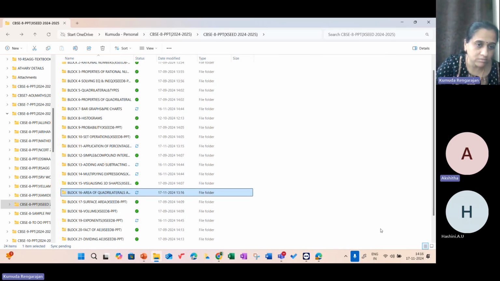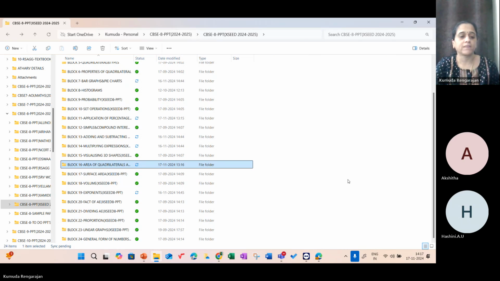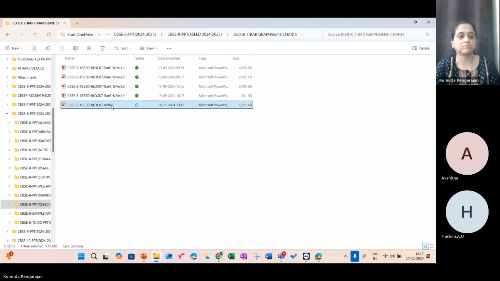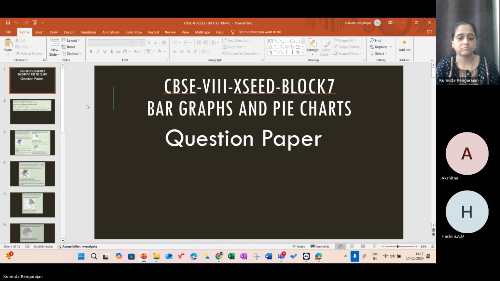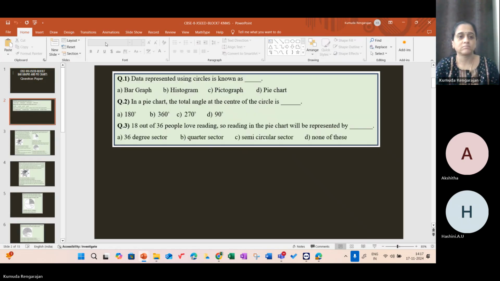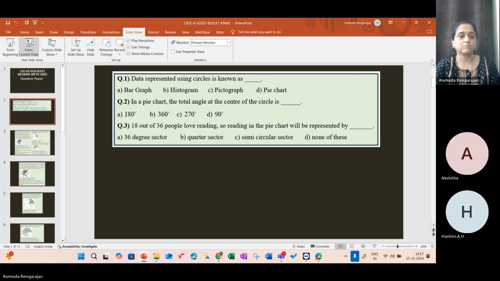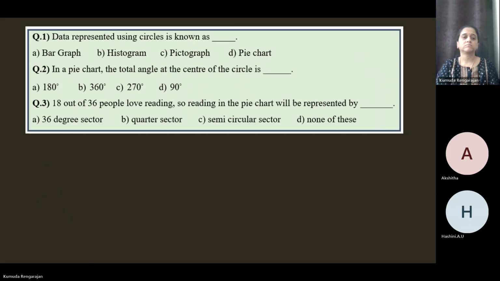Block 6, properties of quadrilateral, is it? Yes, ma'am. Okay. Where is pie chart? Pie chart.